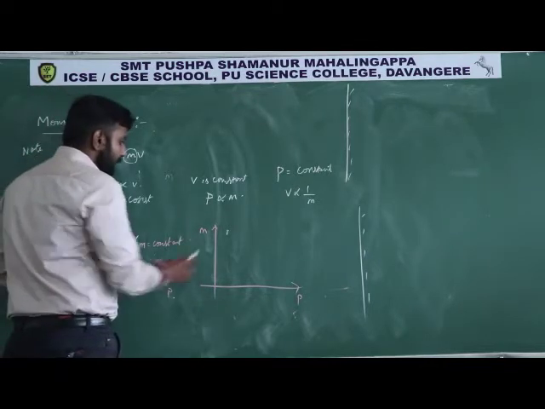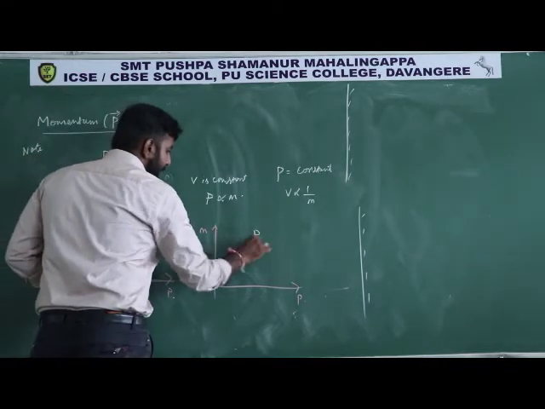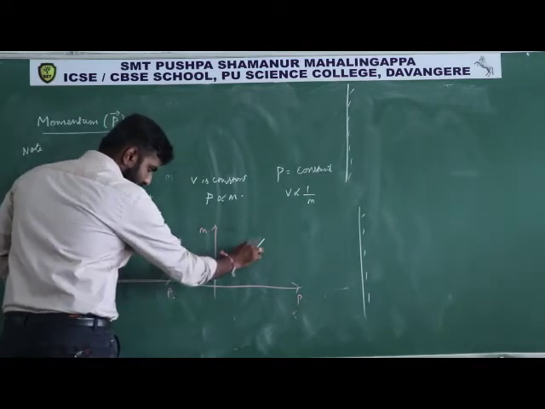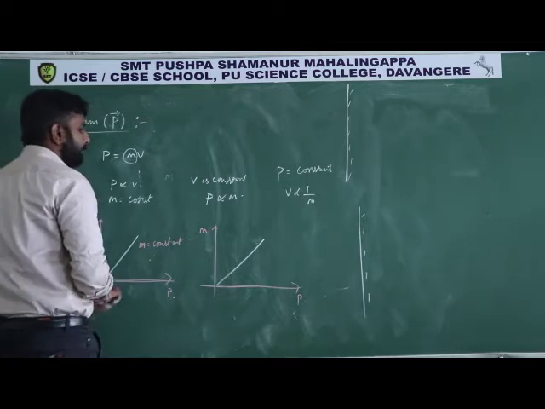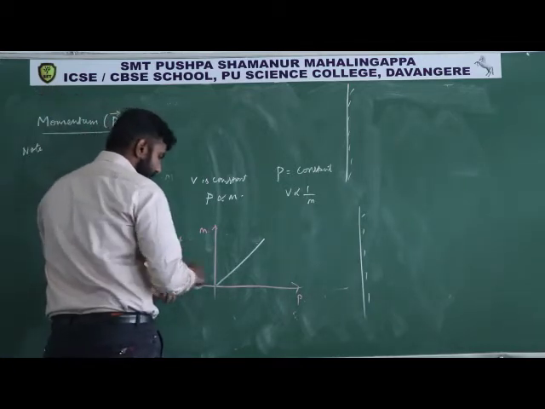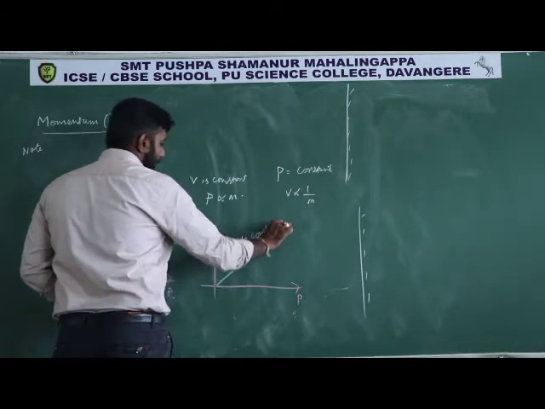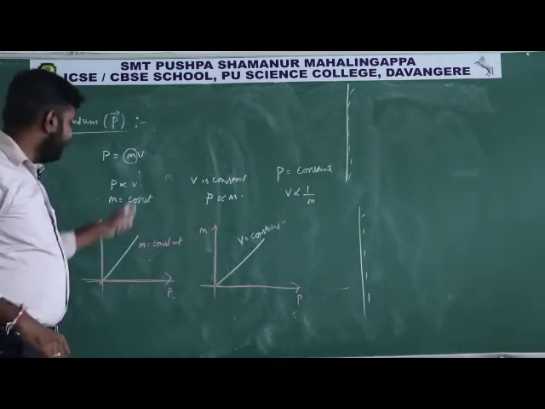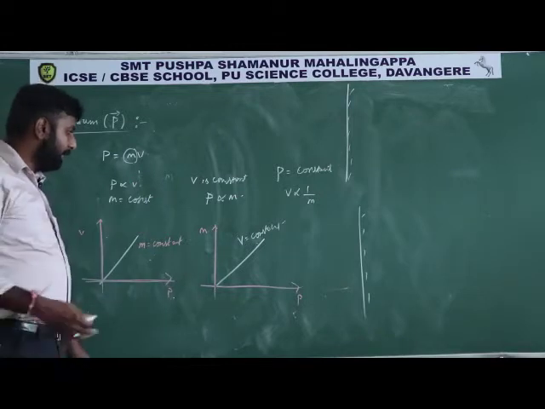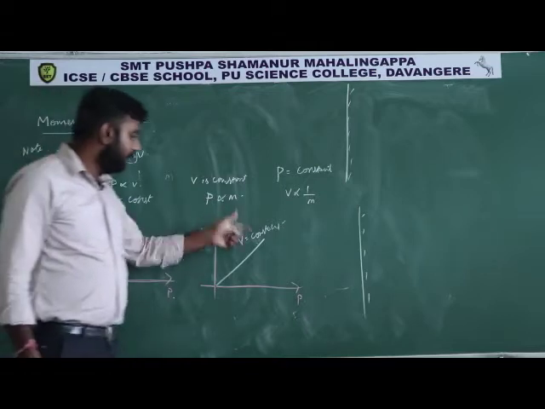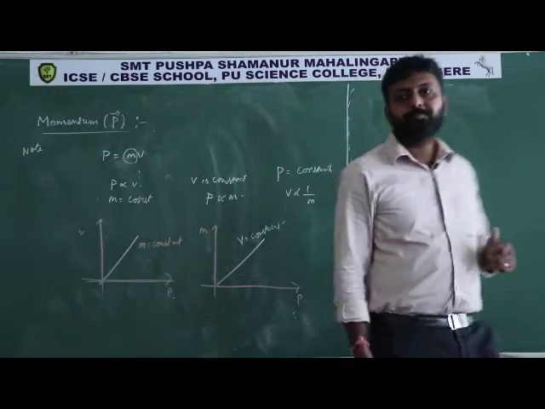P proportional to m again gives a straight line. Here velocity remains constant. Also remember that the slope of this line will give the mass, or here you will get the velocity.